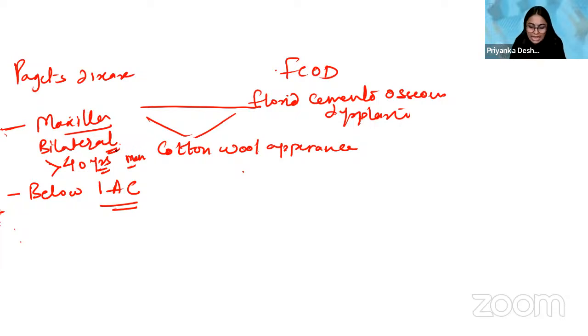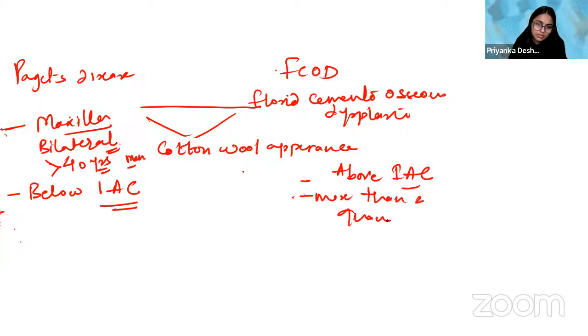All right. And what are the important points in FCOD? What is the epicenter of FCOD? It is above the inferior alveolar canal. And more than two quadrants are involved in FCOD.